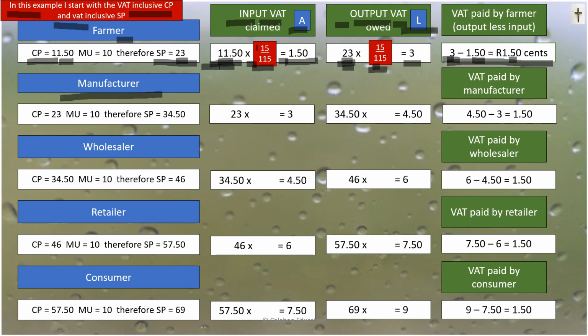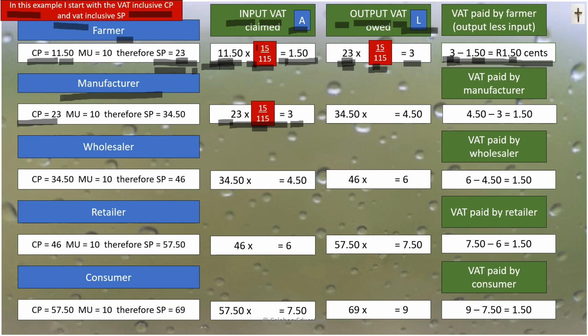Now, the next level of production, we have the manufacturer. So the selling price inclusive of VAT of the farmer becomes the cost price inclusive of VAT of the manufacturer. And once again, to get the input VAT, we say the cost price including VAT, which is 23, multiplied by that special VAT fraction is equal to 3.